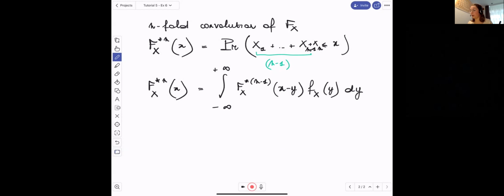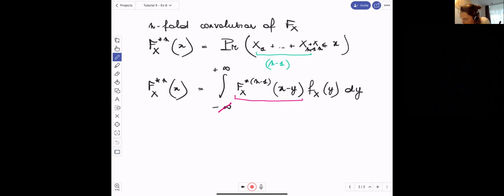So this was a general formula you derived in class already. Now, what you then did was, okay, we have our X. X is a non-negative random variable. So we can change our boundaries, because the n-1 fold convolution will only take values that are non-zero if x minus y is positive.